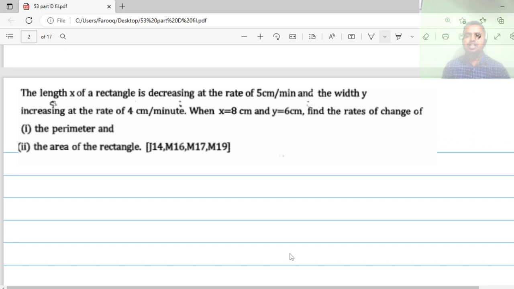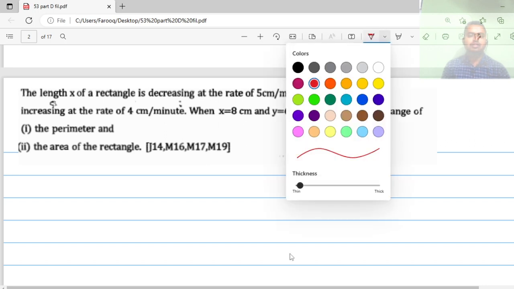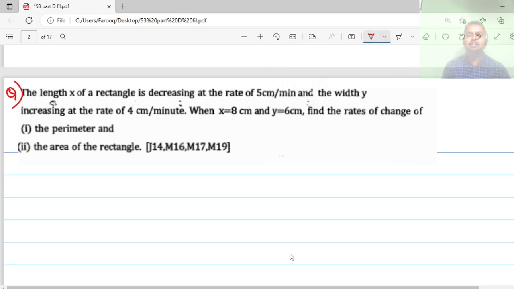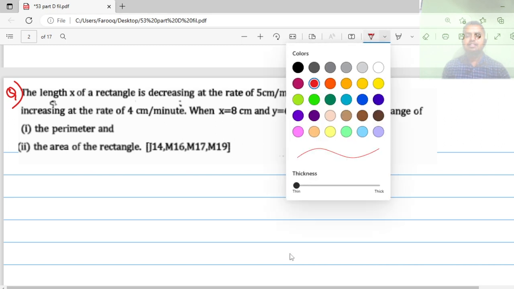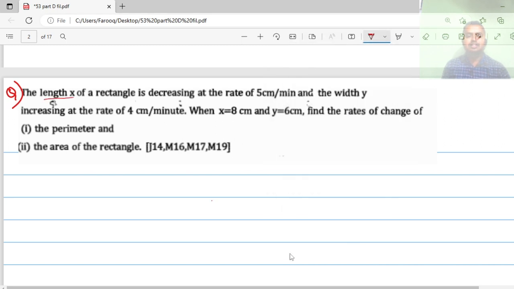Let us try to understand the problem. See the question here. The length x of a rectangle is decreasing at the rate of 5 centimeter per minute. We write this statement in mathematical form: dx by dt is equal to minus 5 centimeter per minute, since decreasing indicates a minus sign.